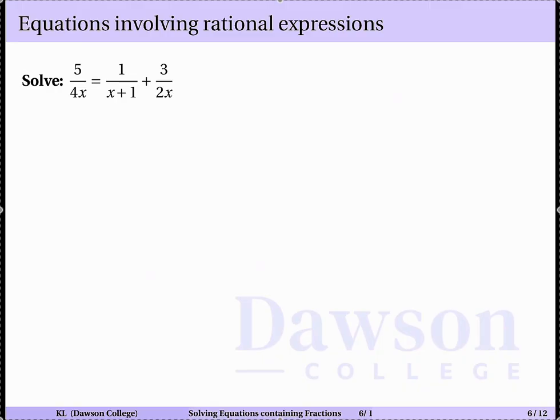In this method, suppose we have two fractions that are equal and they don't have the same denominators. For example, if a over b equals c over d, then we can do cross multiplication. Then we have a d equals b c.